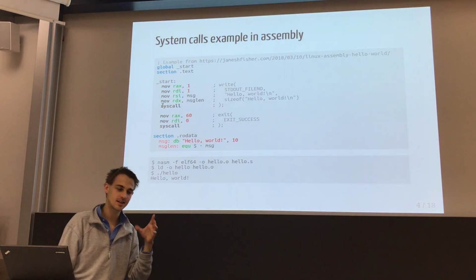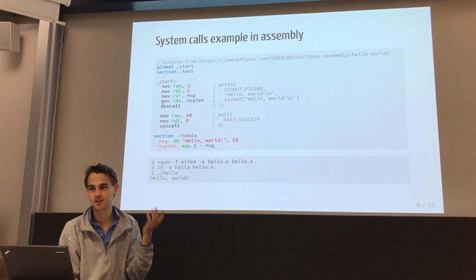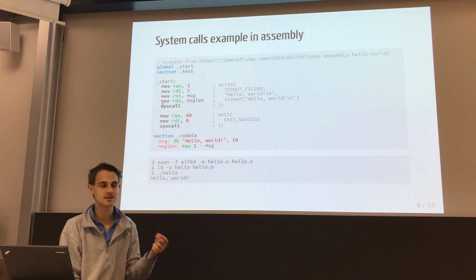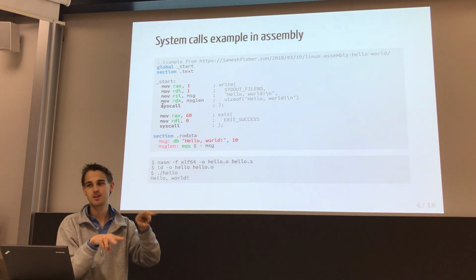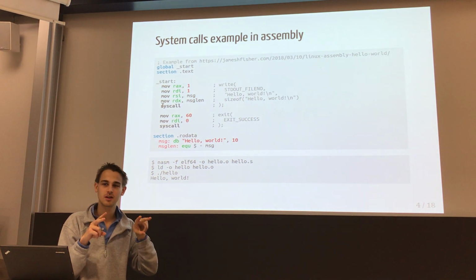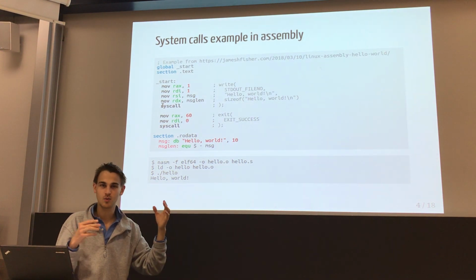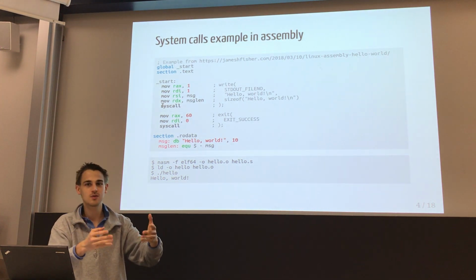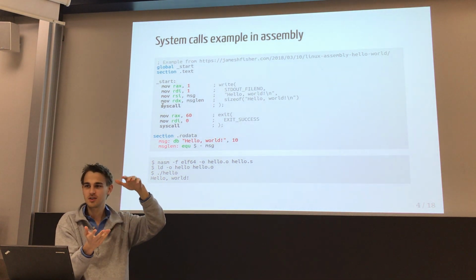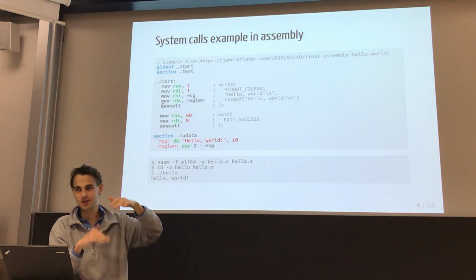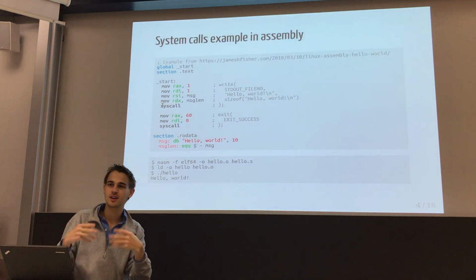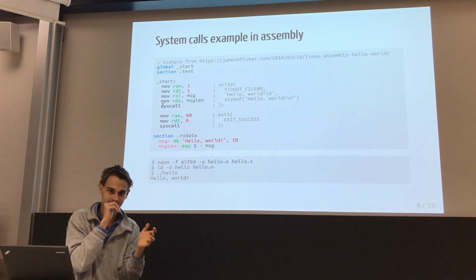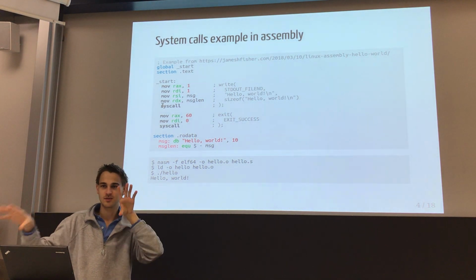But 64-bit is backwards compatible with 32-bit. You can run 32-bit programs on 64-bit Linux. So this means on 64-bit, both of these methods work. If you make the syscall with the old method, then the program will also have used the old registers, not the ones for 64-bit, but the ones for 32-bit. So in order to determine which syscall it is, because as you remember from the table, the syscalls have different numbers.